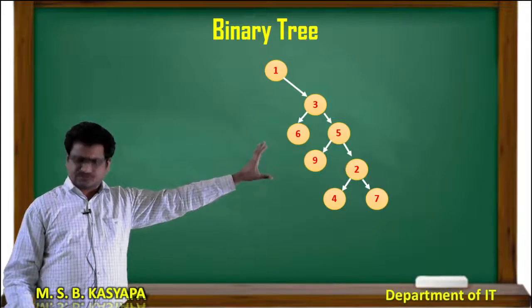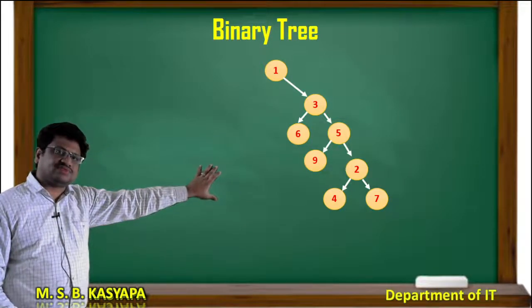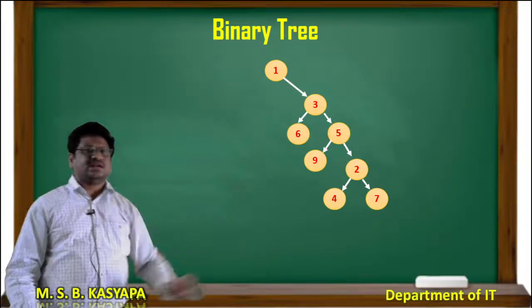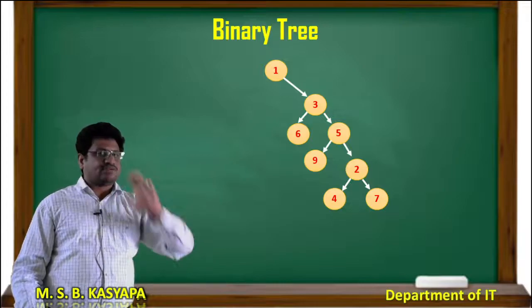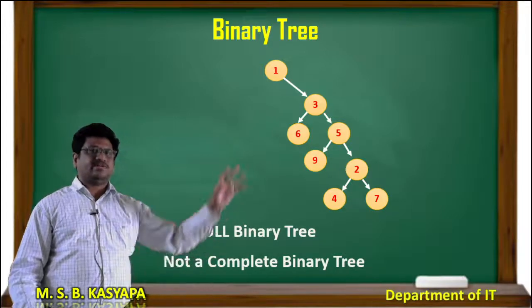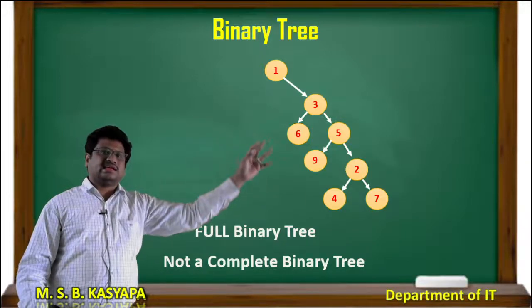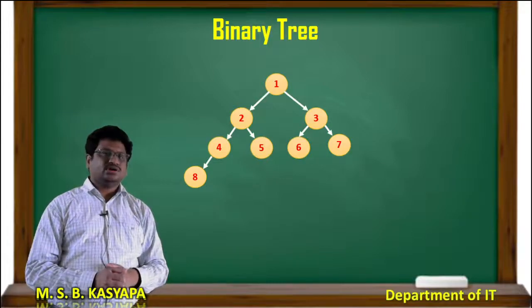No, it is not full. Is it complete? No. Why? Because left is empty and the right side is filled. So it is not complete, it is not full, and it is not left or right skew. Am I right? So 1 doesn't have 2 children.